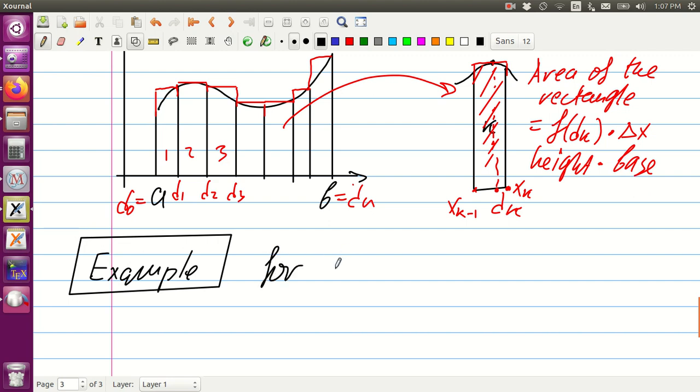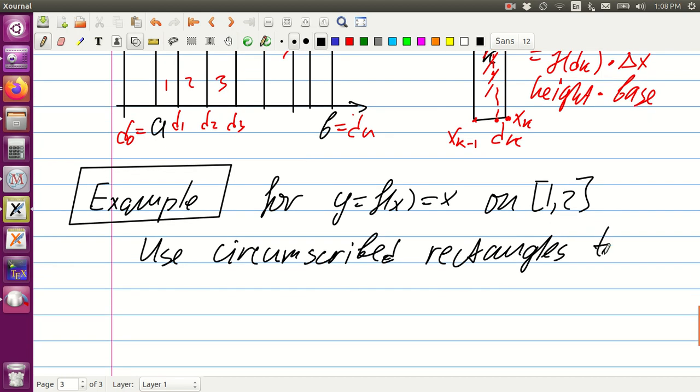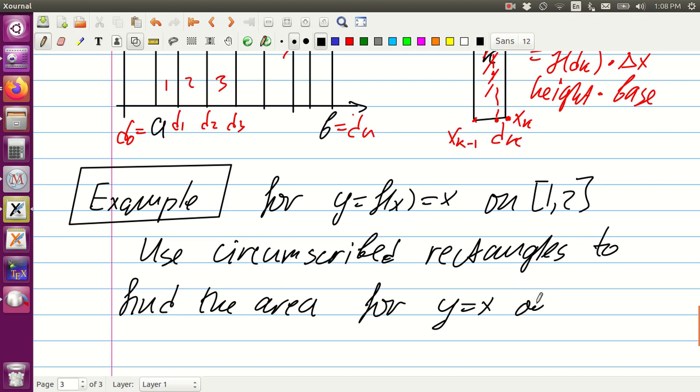So for y equals f of x equals x on the interval 1, 2, use circumscribed rectangles to find the area for y equals x over the interval 1, 2.